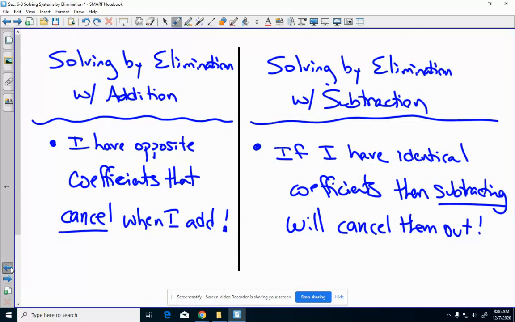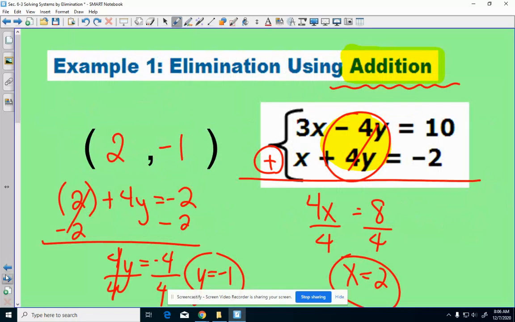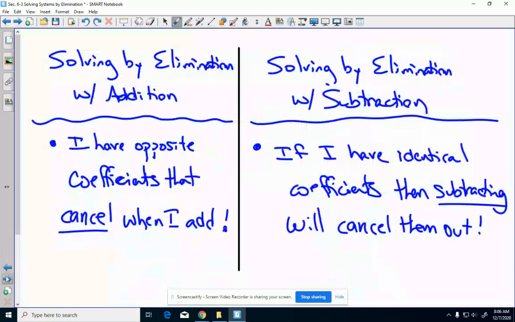Or if I see things that are opposite of each other, adding them is going to cancel them out. Elimination provides you with a quick answer in your first one, and your second one will require a little bit of work. It's a little bit different from substitution. In substitution, the first one required work, and the second answer came for free.